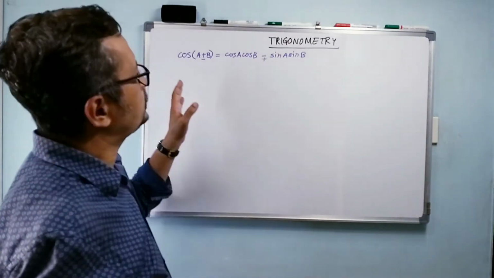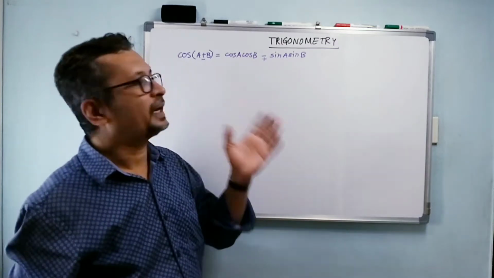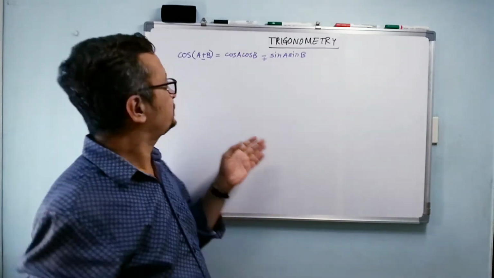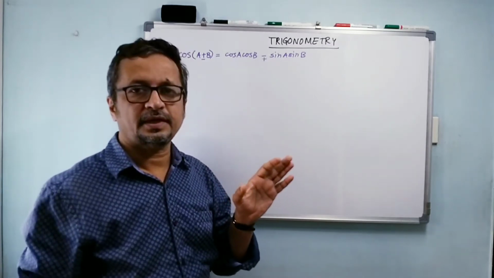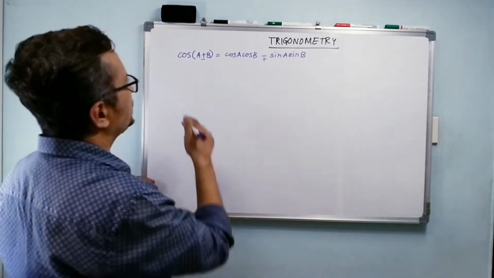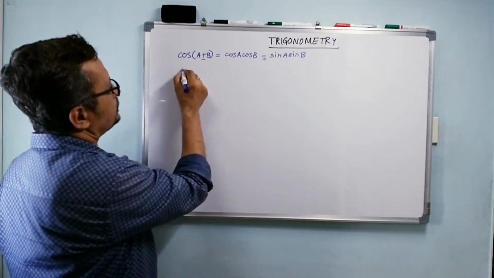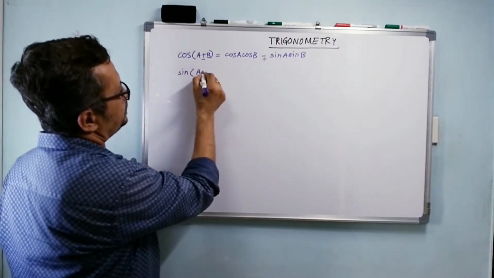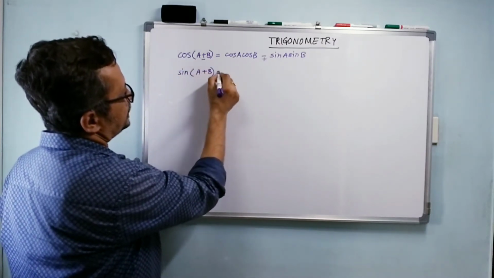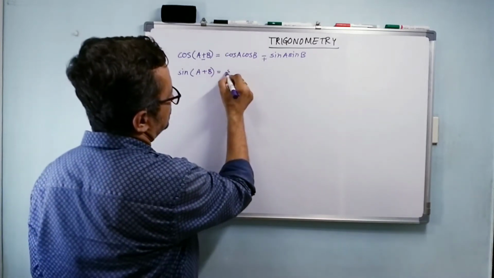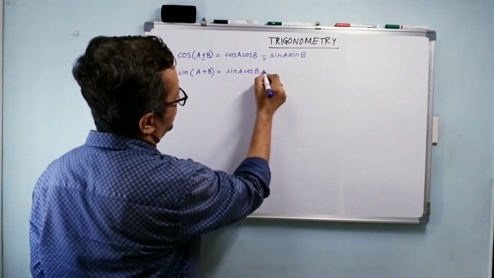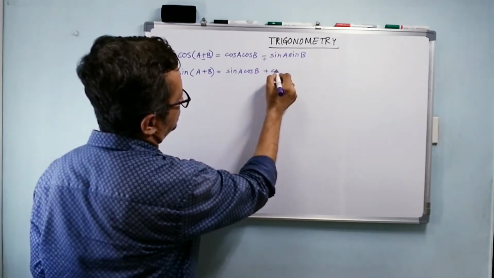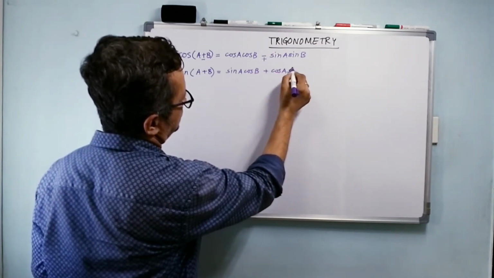Okay, so cos of a plus b is cos a cos b minus sin a sin b, and cos of a minus b is going to be cos a cos b plus sin a sin b. Now sin of a plus b is equal to sin a cos b plus cos a sin b.